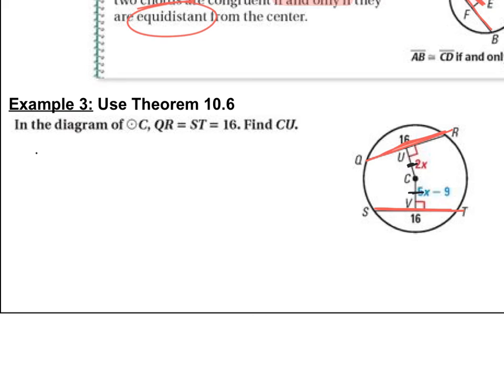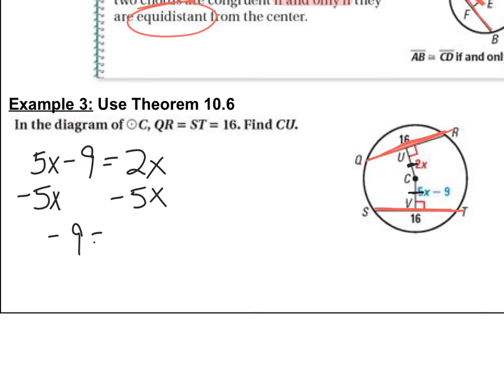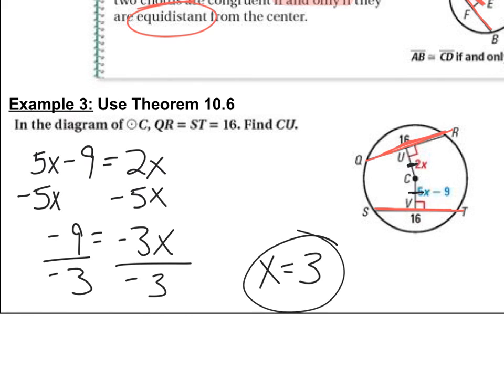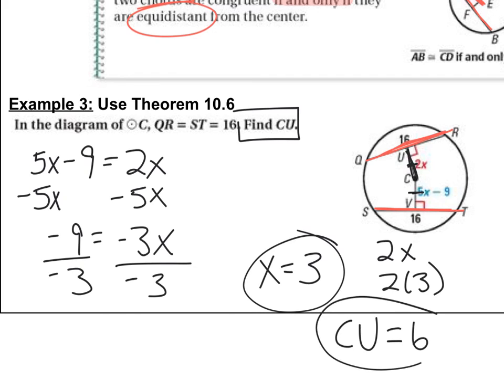So we would just set that equal: 5x minus 9 equals 2x. Solve for x. Subtract 5x on both sides. Get negative 9 equals negative 3x. Divide by negative 3. You get x equals positive 3. Now, we aren't done there. They want us to find CU. CU is 2x, so we just plug in 3 for x. So CU in this case would equal 6.